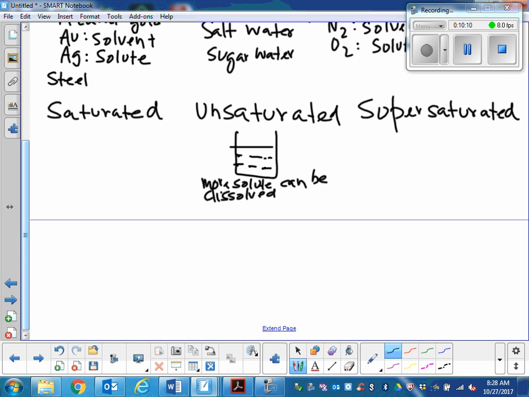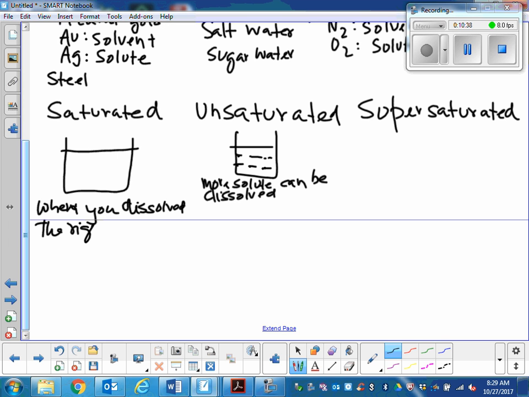Well, unsaturated is when you can dissolve more solid, so saturated would be when you can't. Very good. Very good. I like that. So saturated would be when you dissolve the right amount of solute and no more can dissolve.